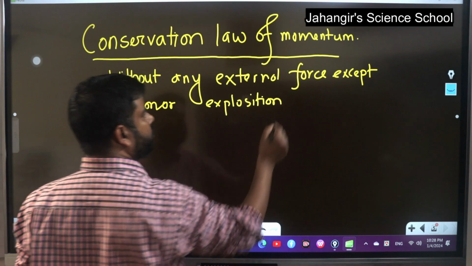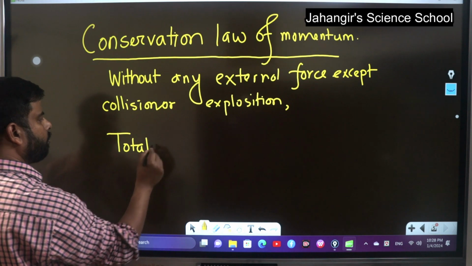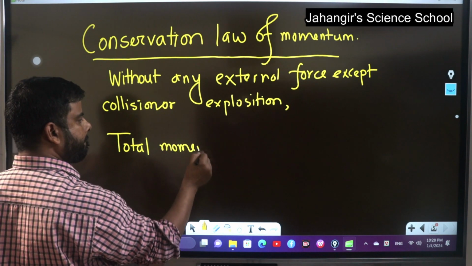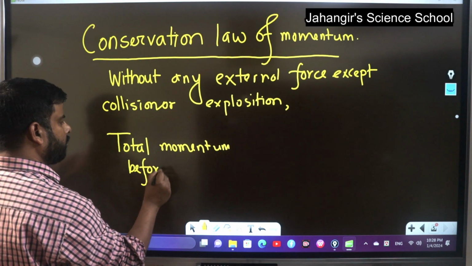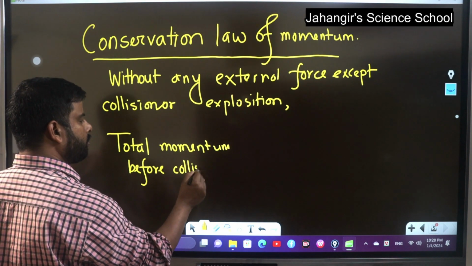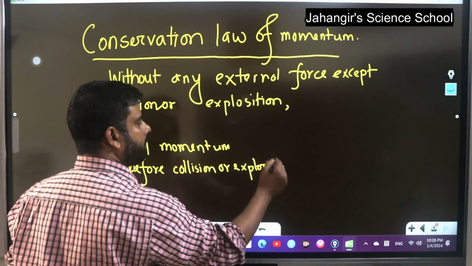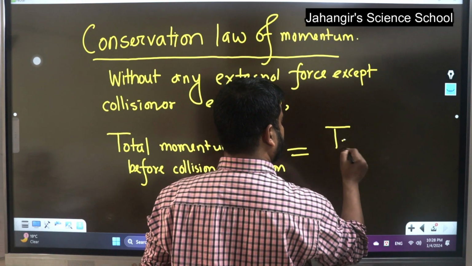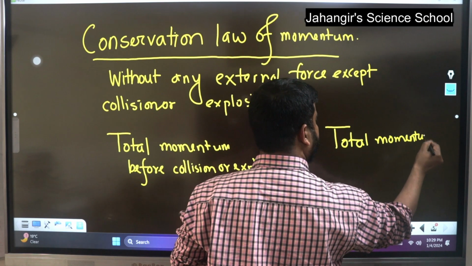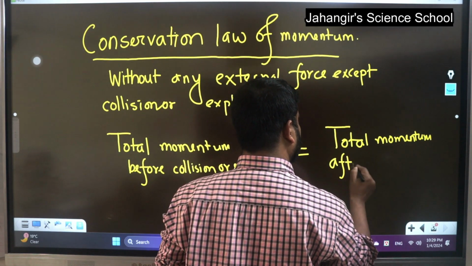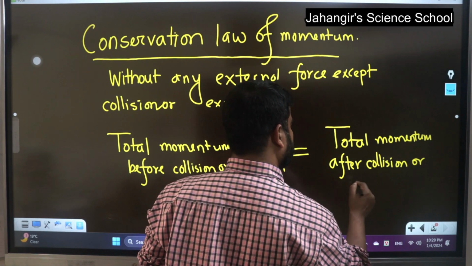total momentum before collision or explosion is equal to total momentum after collision or explosion.